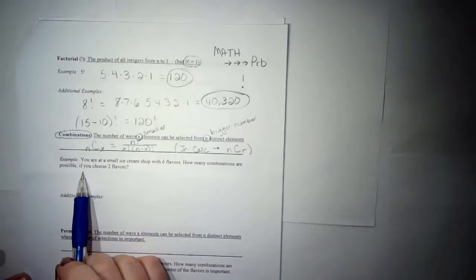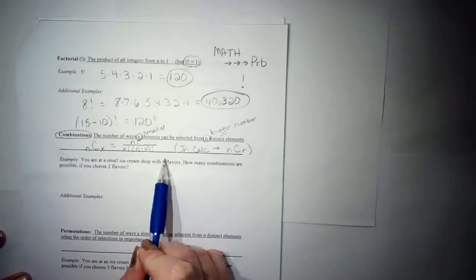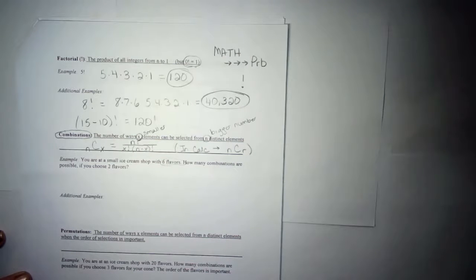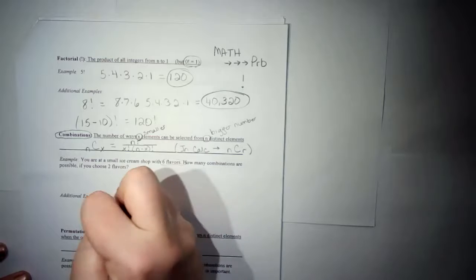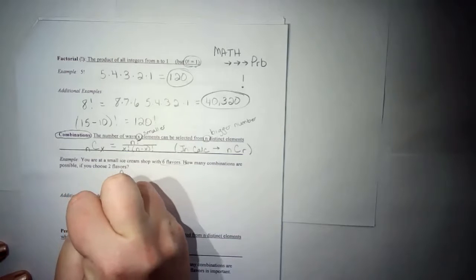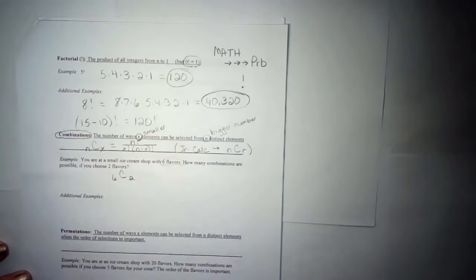All right, let's say you're in an ice cream shop. They have 6 flavors. It's a crappy ice cream shop. Okay, you get 6. All right, how many combinations are possible if you're going to choose 2? You want 2 scoops. How many possible combinations are there? Okay, so 6 is the bigger number and 2 is the smaller. That's what we're trying to find.